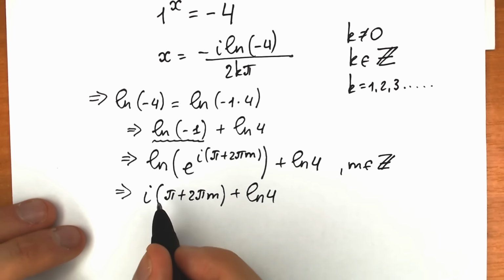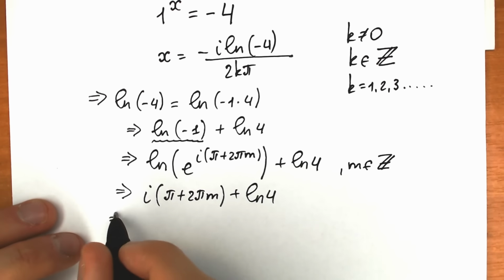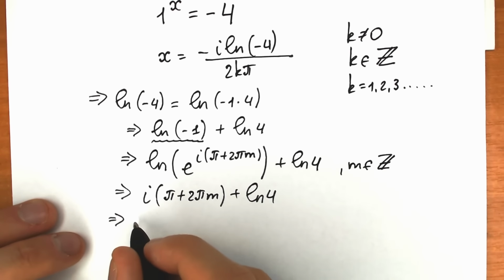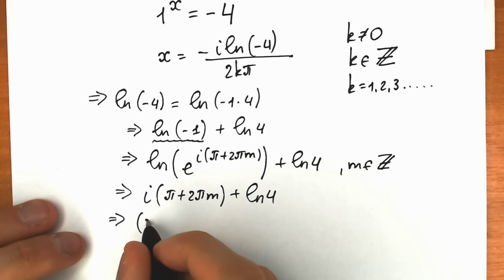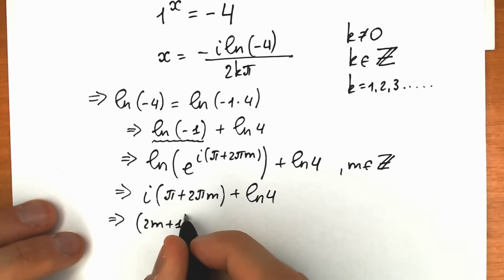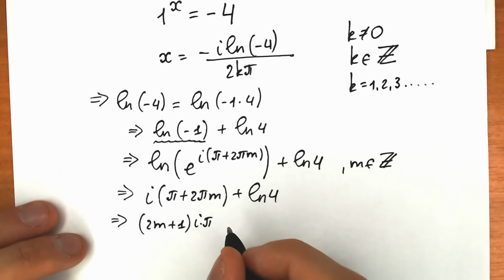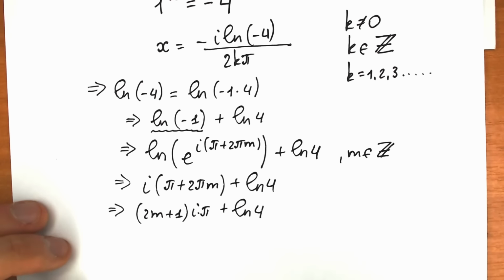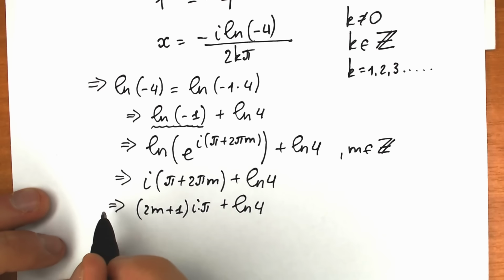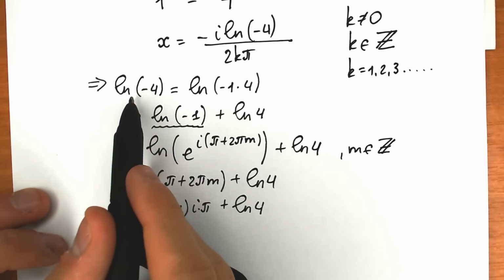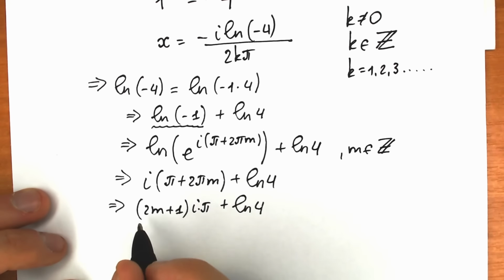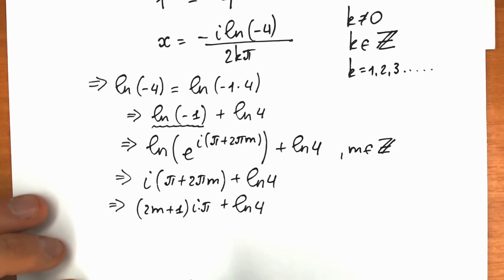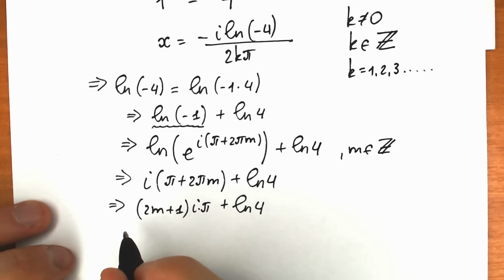Right now, let's factor pi out from here. We can easily do this, so we have parentheses 2m plus 1 times i times pi, and plus natural log 4. Really great. All the time we have an equal sign, and this is our natural log of minus 4. So instead of natural log of minus 4 in the beginning, let's plug in this expression. What do we have as a result?